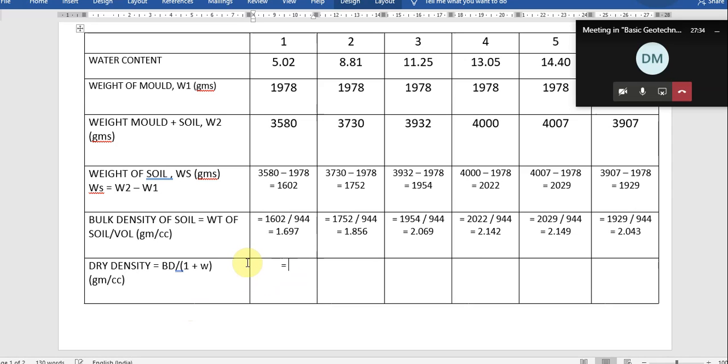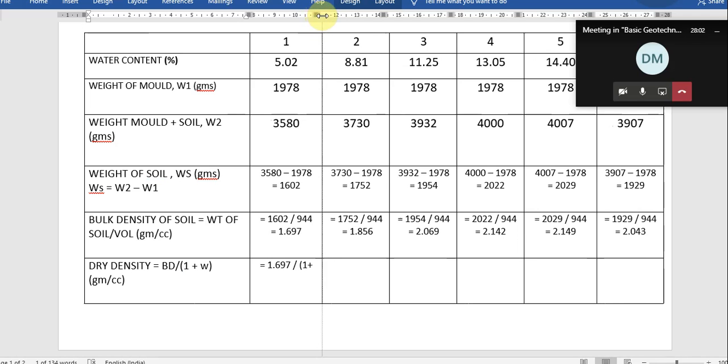Now bulk density for the first trial is 1.697 divided by 1 plus W. Water content is given in terms of percentage, but we have to keep it in terms of decimal.